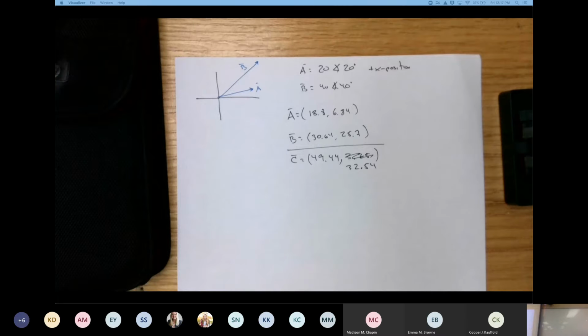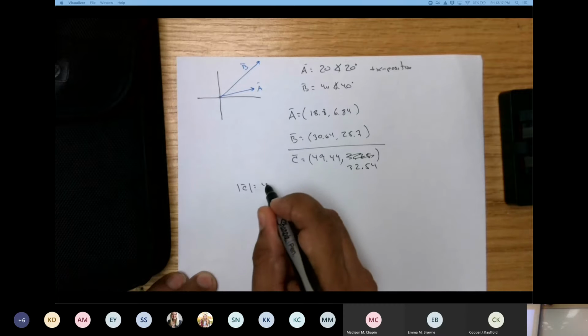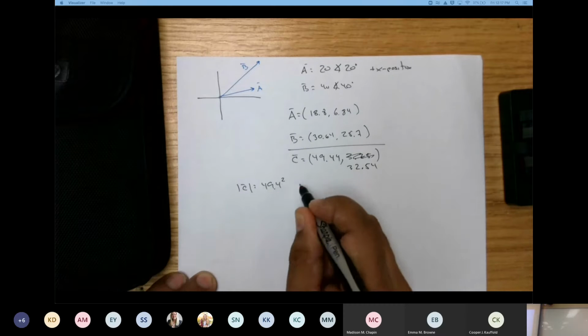Now we need to calculate the magnitude of C, and we need to calculate the direction of C. So the magnitude of C will be 49.44 squared plus 32.54 squared.